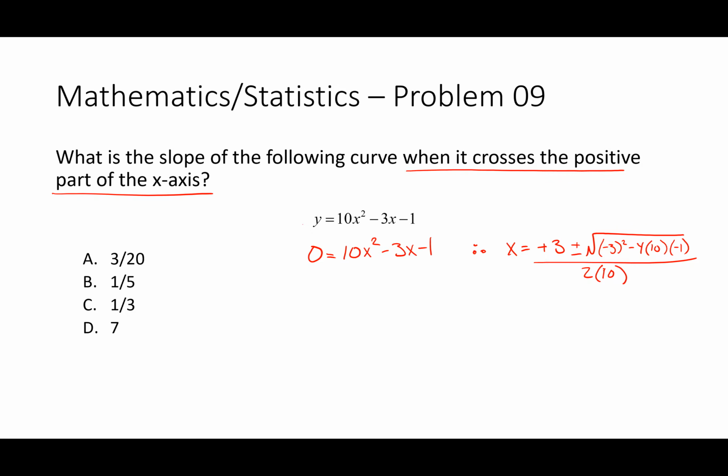Quadratic formula, pretty easy. 3 squared is 9, plus 40 is 49, so the square root of 49 is 7, over 20.